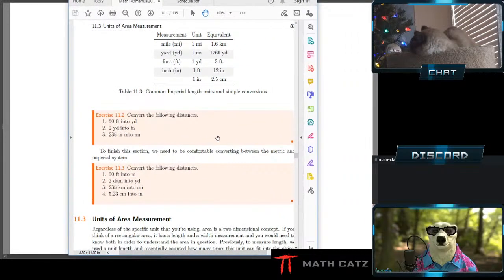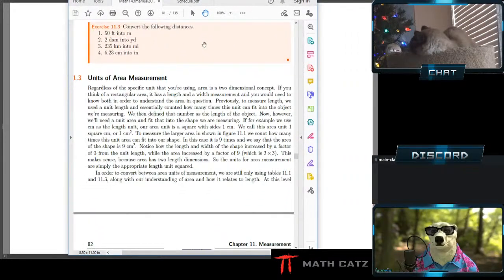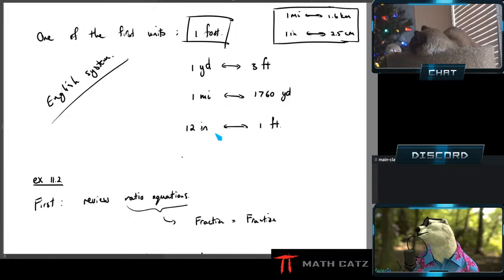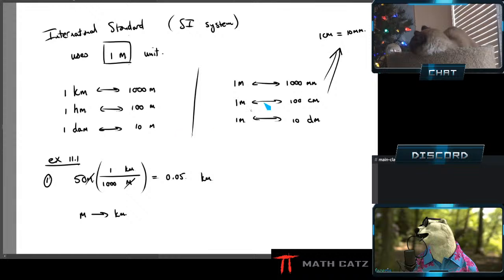All right, so now let's look at exercise 11.3, where we have to convert between two units. One is in the English system and one is in the SI system, one way or another. So now you'd have access to all of this, the linking conversions as well.